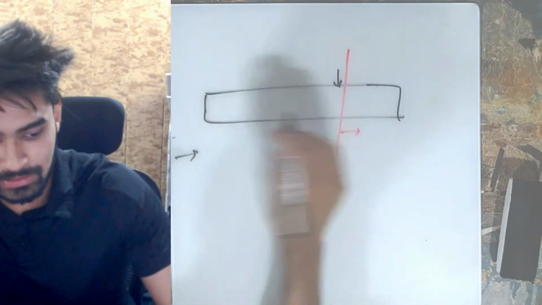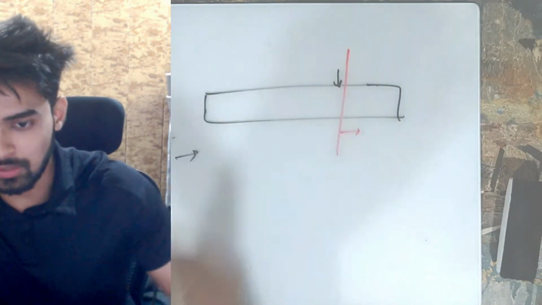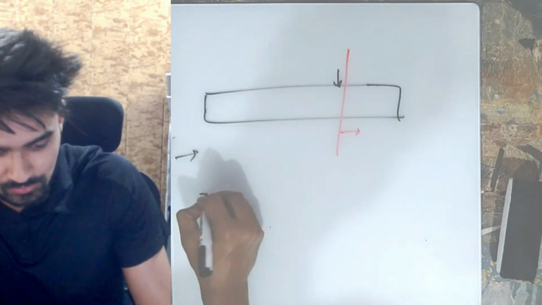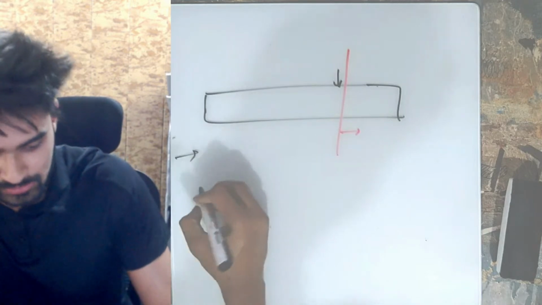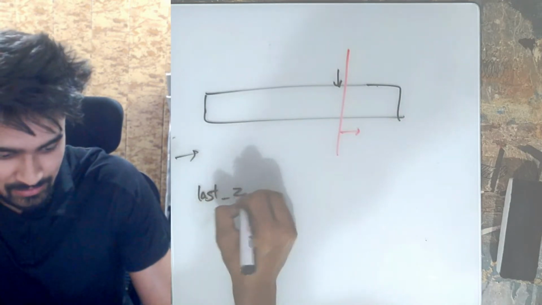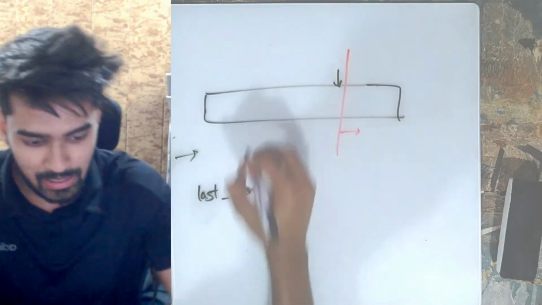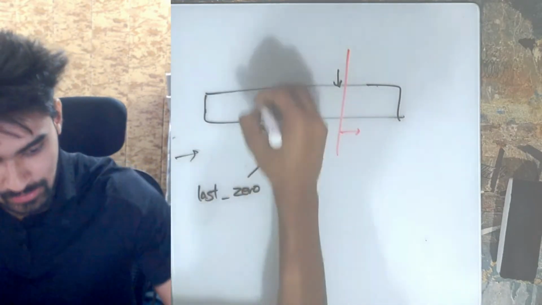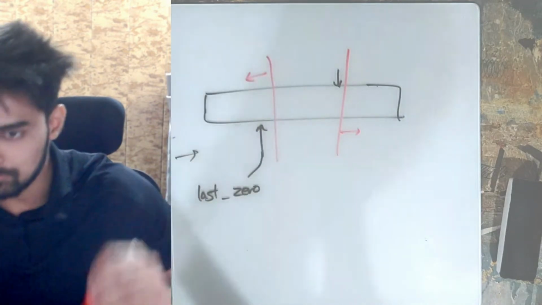Now I'm already keeping track of when was the last zero I had. Let's say I had a variable with the name last zero and it was this index. What I'll do is remove all the elements before this one.